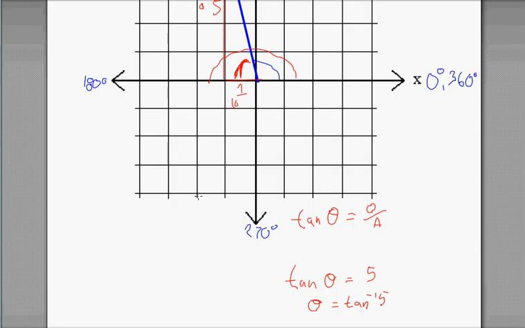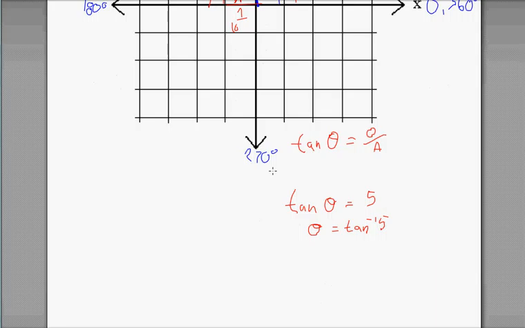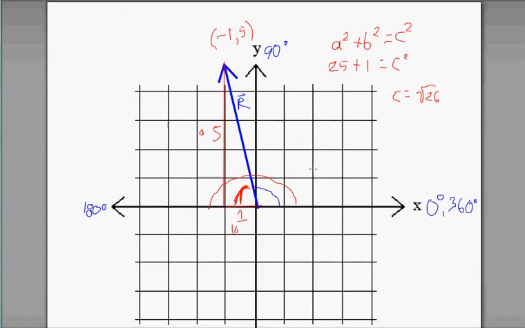78 degrees. Now, are we done? No, we are not. Theta equals 78 degrees. And the first hint that we are not done is that you should know, just by looking at our diagram, that 78 degrees should be over here. It should be in the first quadrant. Okay, so remember what we said, guys. This angle that I actually calculated is an angle that touches my vector and goes to 180 degrees.